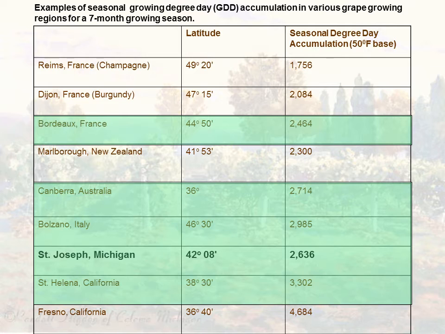And in there highlighted is my hometown, St. Joe, Michigan, with that 2636. So it's right in there in the running to produce quality grapes and quality wine with that about 2,500 to 3,300 growing degree day accumulation.